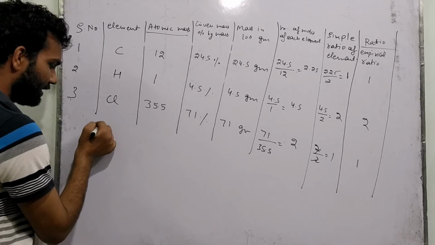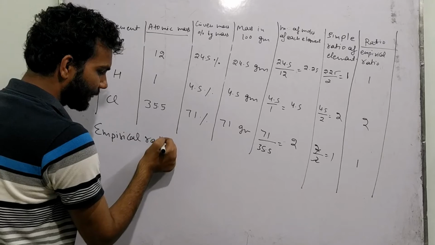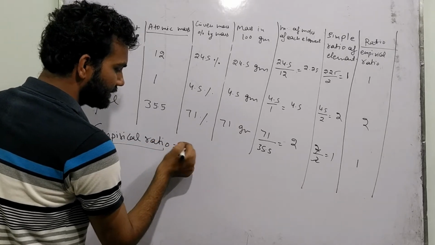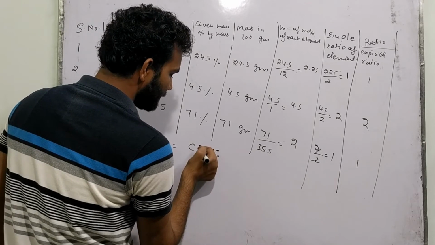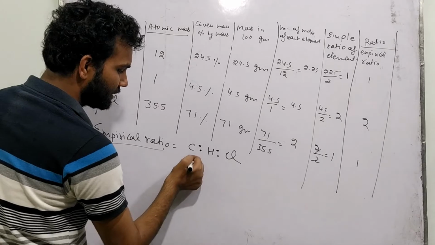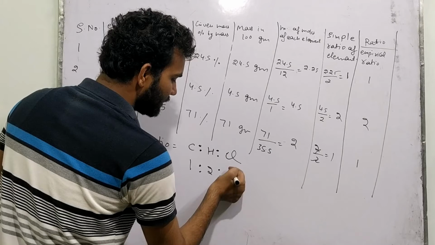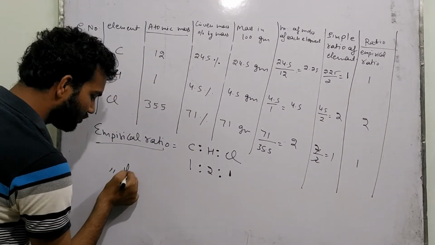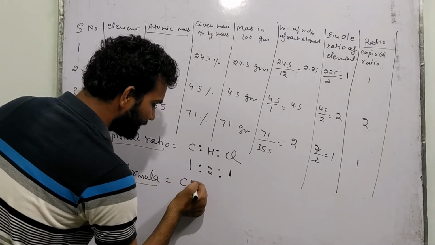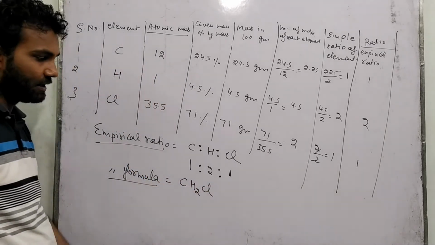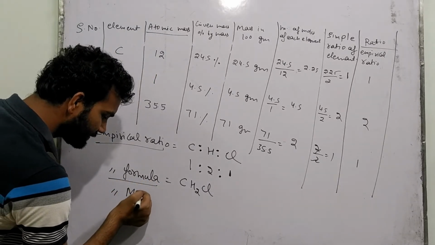So you can write here empirical ratio is carbon ratio, hydrogen ratio, chlorine. Carbon is 1, hydrogen is 2, chlorine is 1. Now you can write here empirical formula. Empirical formula is CH2Cl. Now if you have empirical formula, you can calculate empirical mass.